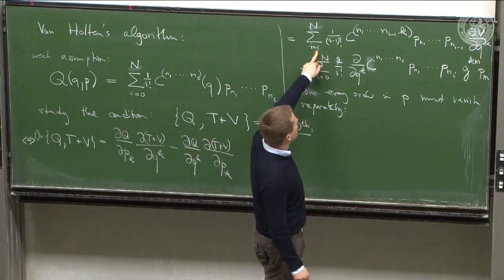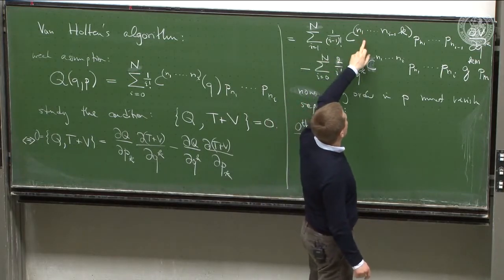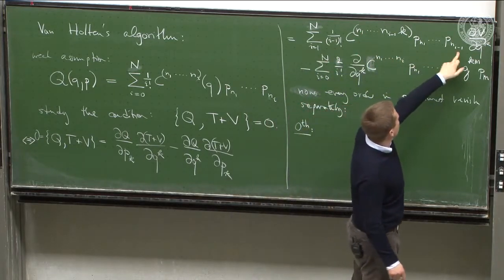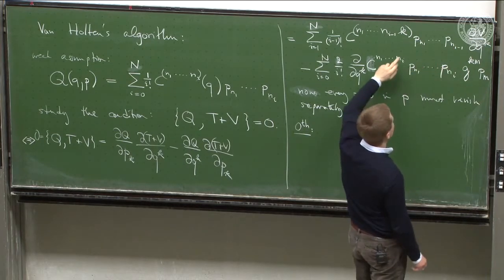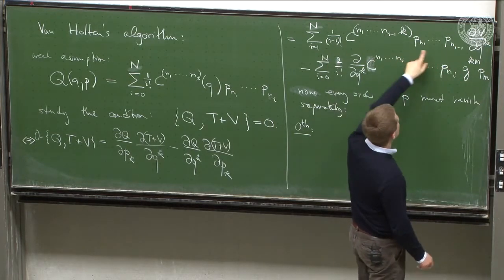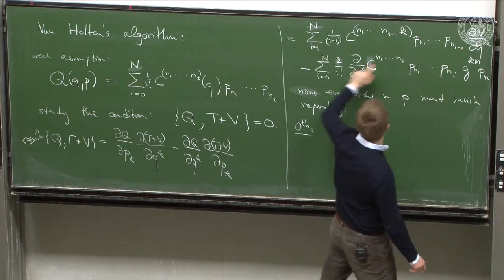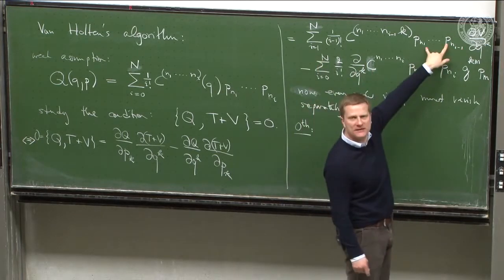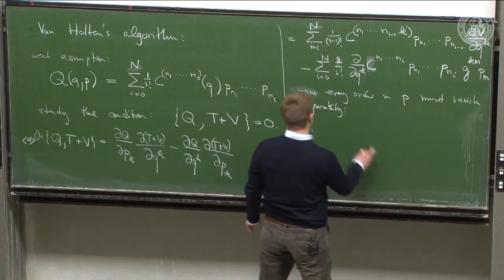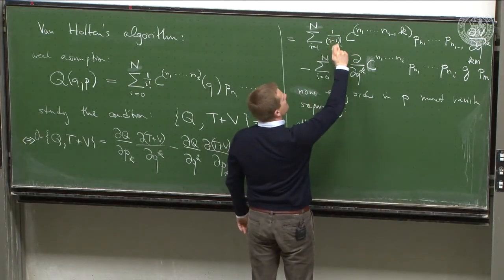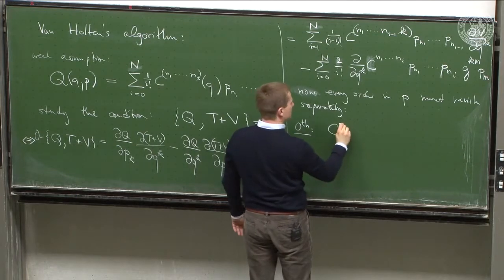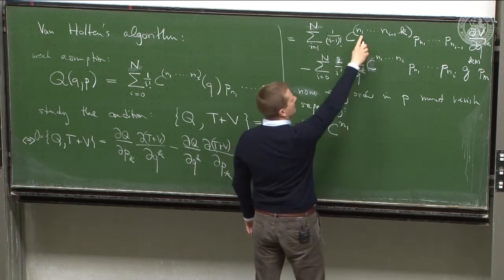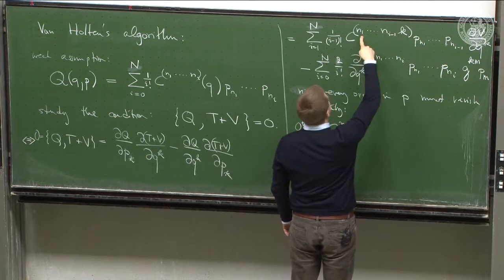We run from I equals 1, right, from n up to ni minus 1. Hang on. So these are I minus 1 p's. If I is 1, I have 0 p's. That's a 0th order contribution. So that is 1 over 0 factorial is 1, is c n1.